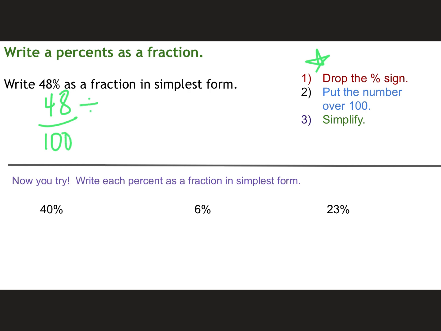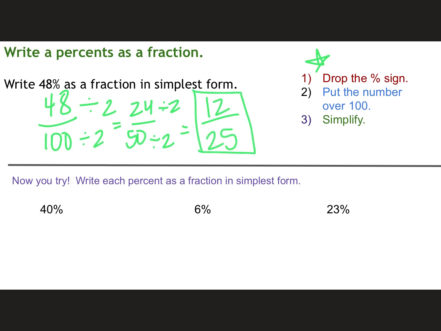So I know I can divide both of these by 2, which would be 24 over 50, because 48 divided by 2 is 24, 100 divided by 2 is 50. And then I know I can divide again by 2. So 24 divided by 2 is 12, 50 divided by 2 is 25, 12/25ths, I think then is in simplest form. Nothing else that they can both be divided by other than 1.